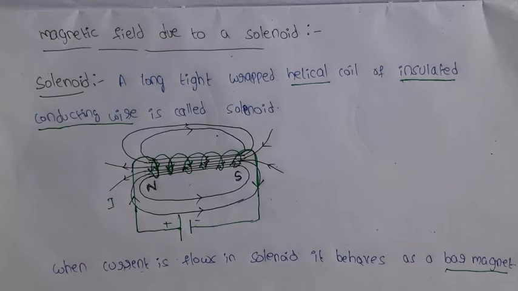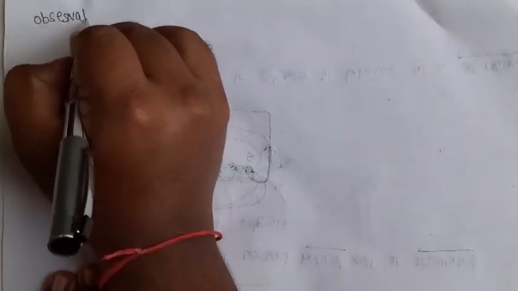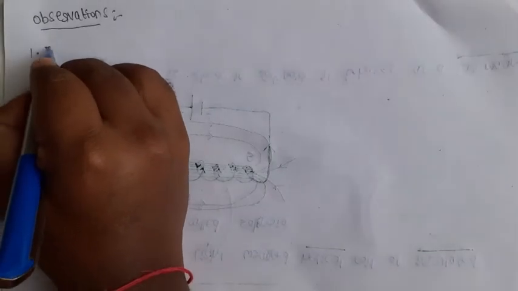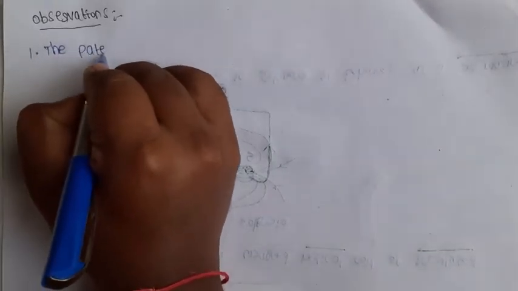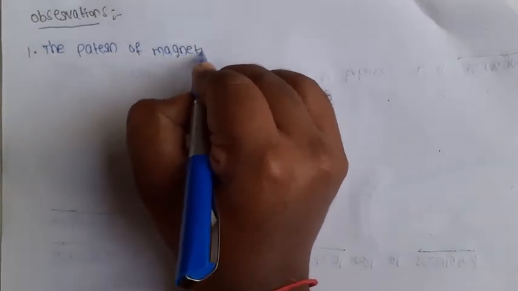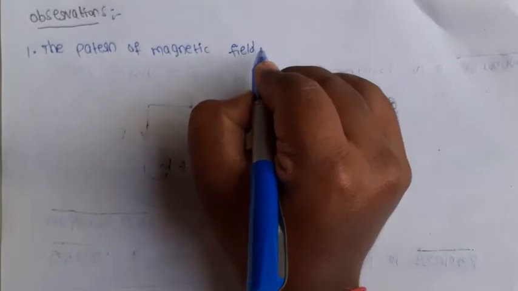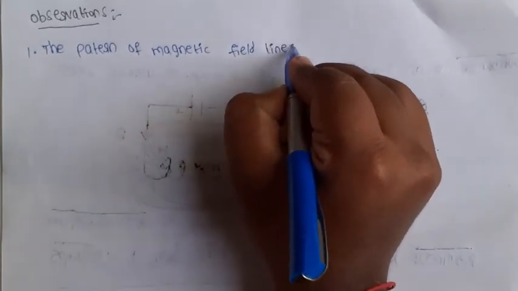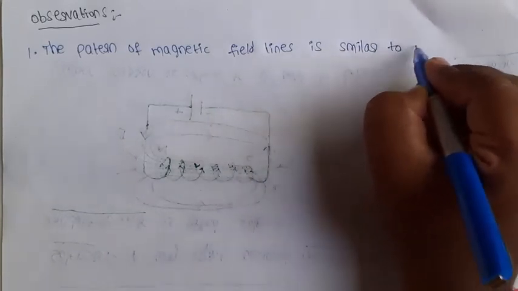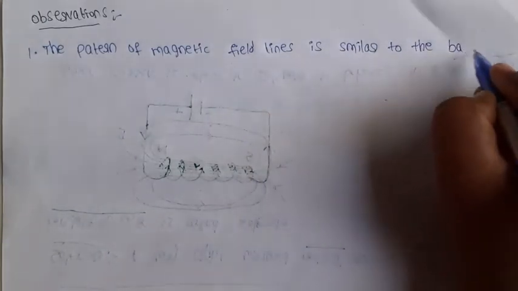Here some observations are there. What is the first observation? The pattern of magnetic field lines is similar to the bar magnet.